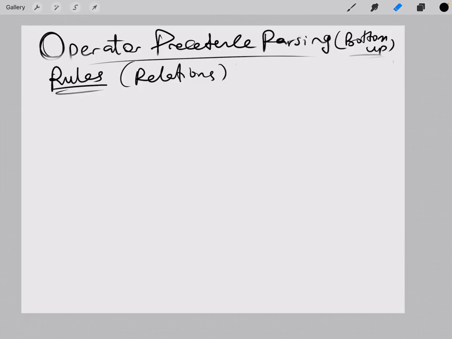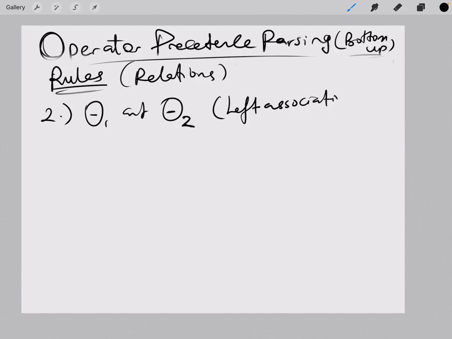That's rule 1. What's the next rule? The next rule is that if operator 1 and operator 2 have the same precedence, what do we do? Then we can say that depending on whether they are left associative and right associative.